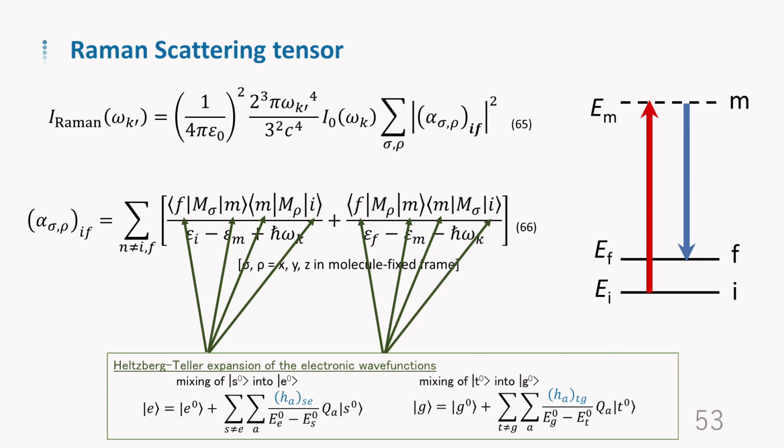Then here is the Raman tensor I explained previously. And the transition moment I n m, in this case intermediate m, previously it was n.